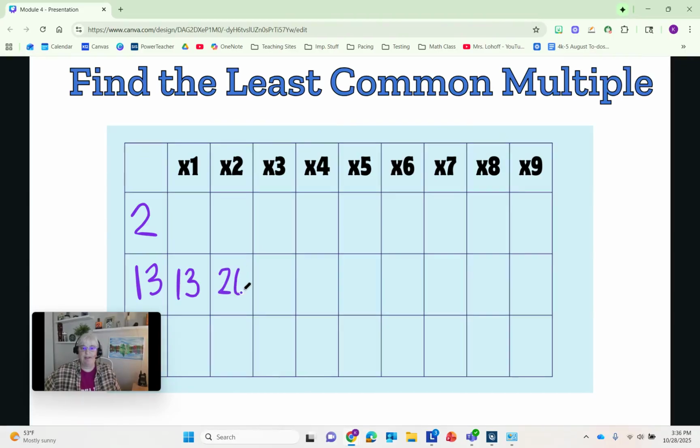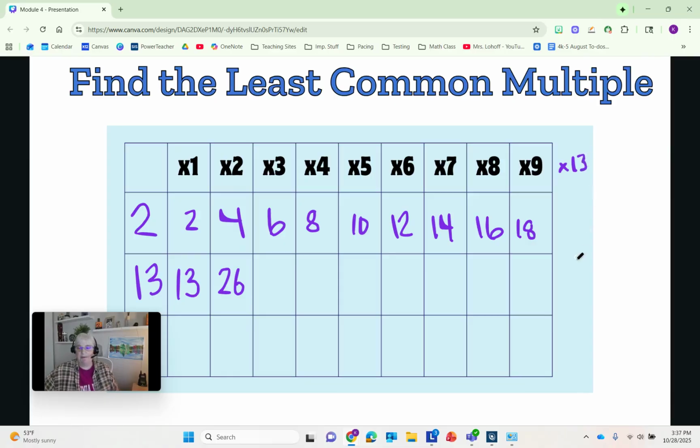So if we multiply the two numbers to each other, we're going to get the common multiple. And if I go out 2, 4, 6, 8, 10, 12, because multiplying is skip counting, 16, 18, and if I kept going all the way to times 13, because remember, sometimes you have to go off the worksheet to get that number, I will get 2 times 13 is 26.